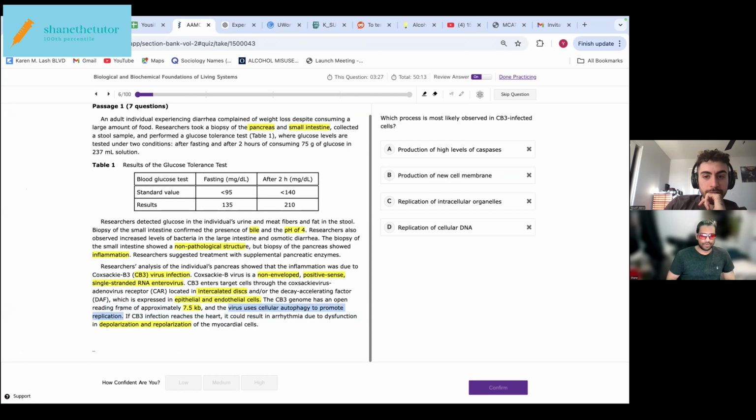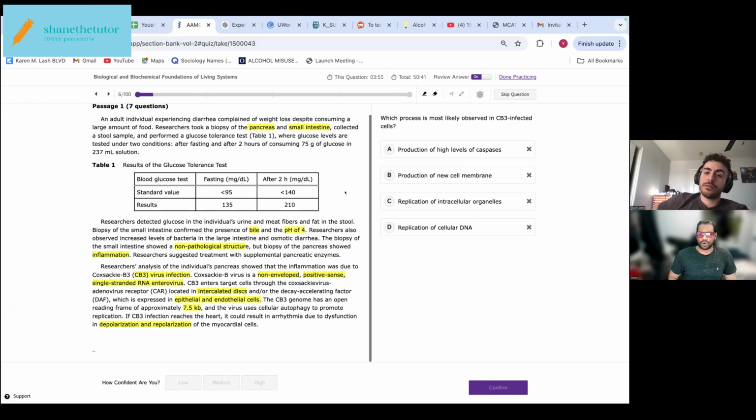And we talked about autophagy being what? Self, you're eating yourself. So it'd be the replication of intracellular organelles. All right, if you're eating yourself, why would you have replication? Replication means you're making more of something, right?